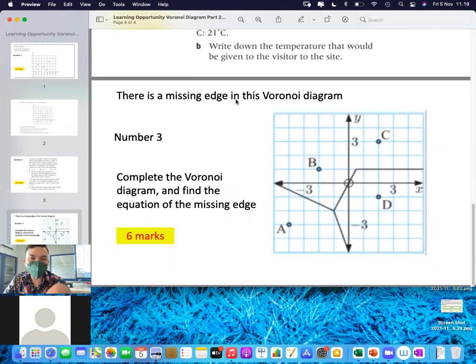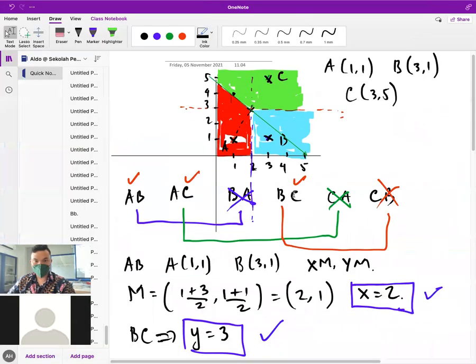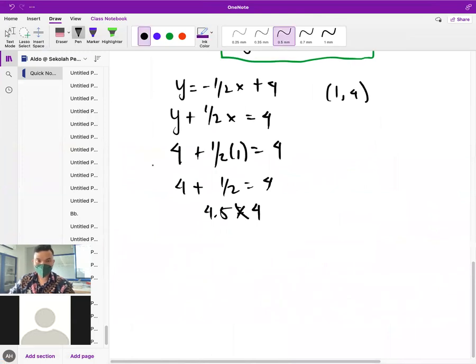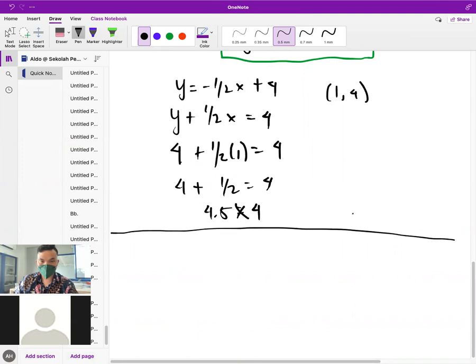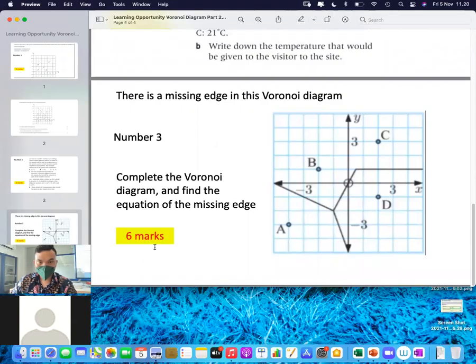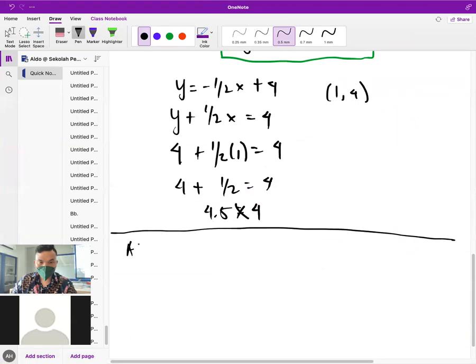I think number 3 is just the same thing as number 2. There is a missing edge in this Voronoi diagram. Complete the Voronoi diagram and find the equation of the missing edge. As you can see here, there are 4 points. There is AB, AC, AD.